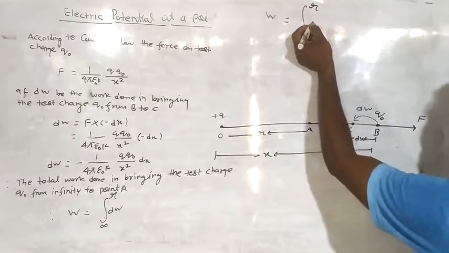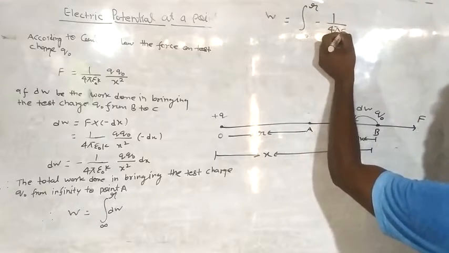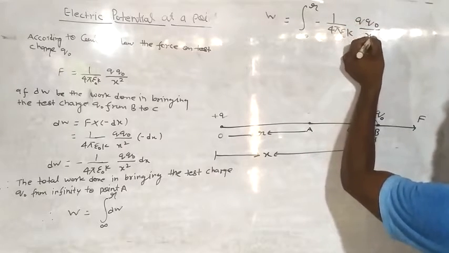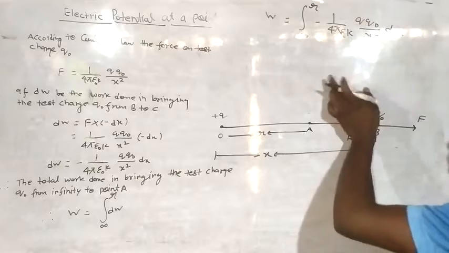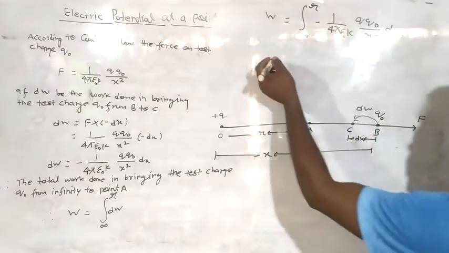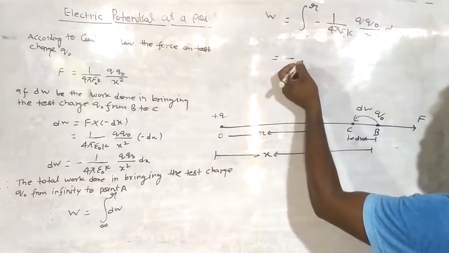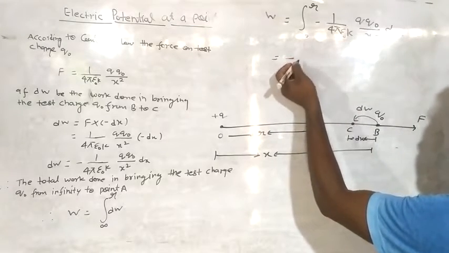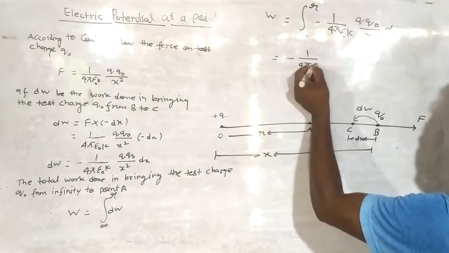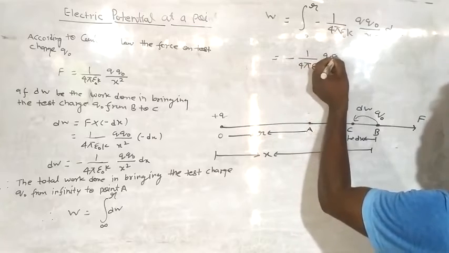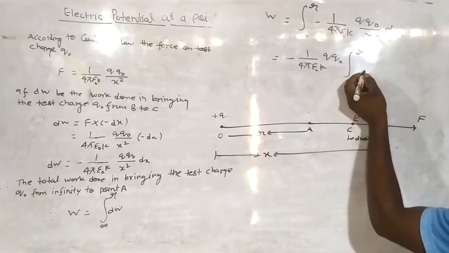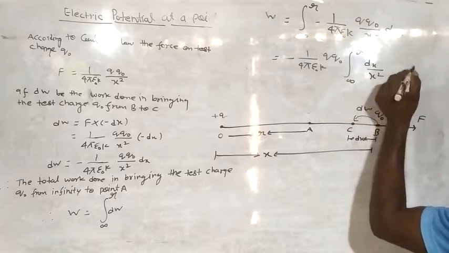We use the value of minus 1 upon 4 pi epsilon naught k Q Q naught upon x square dx. Only the term x is variable, so the rest of the quantity will be constant. So now we take these constant quantities, 1 upon 4 pi epsilon naught k Q Q naught, outside. Here will be integration from infinity to r of dx upon x square.